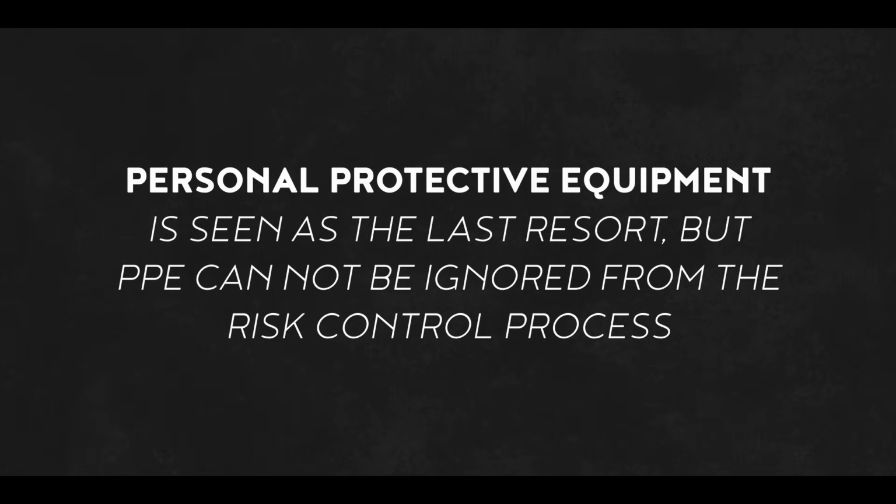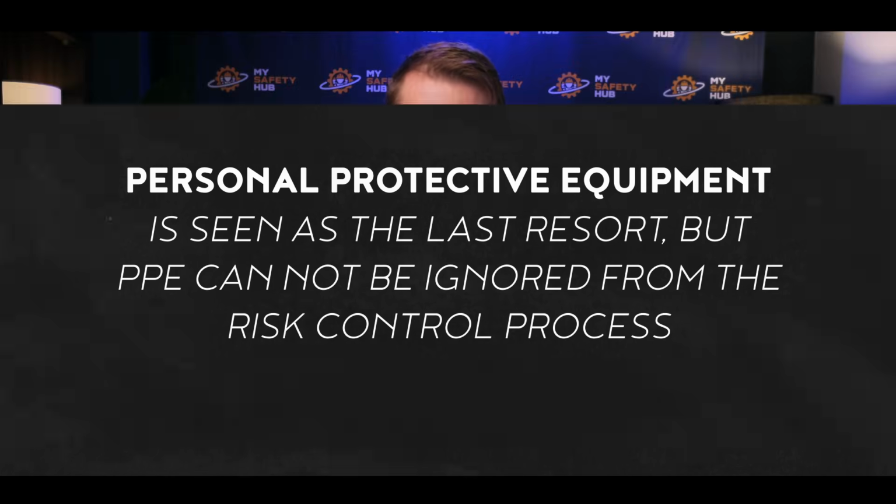Last but not least, let's have a look at personal protective equipment. Now, we have to keep in mind that personal protective equipment is the last resort. However, just because it's seen as the last resort, personal protective equipment cannot be ignored from the risk control process. It is purely seen as the last resort due to the fact that there is existing risk or controlled risk, which may mean that such risk can still take place.